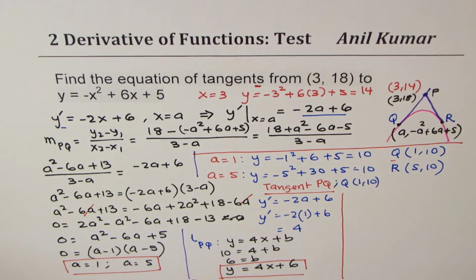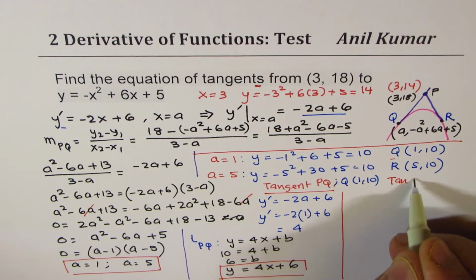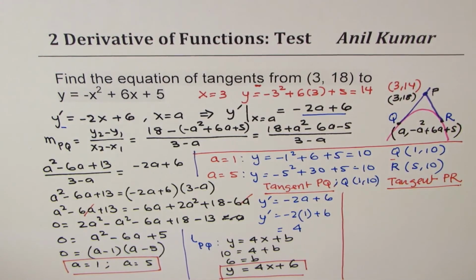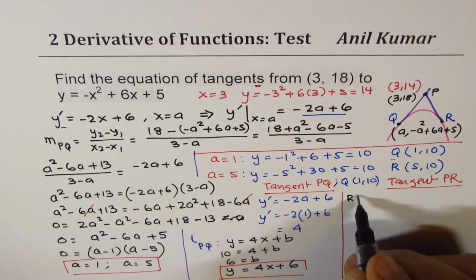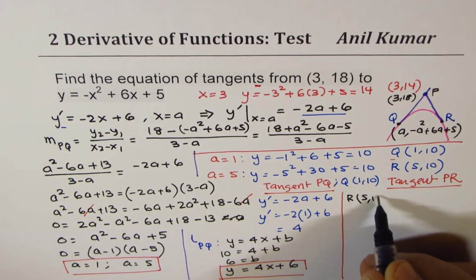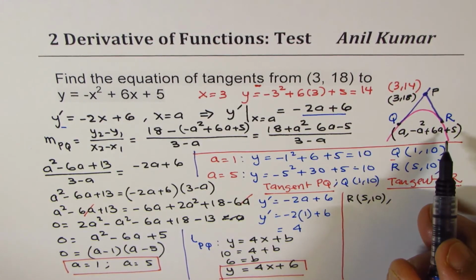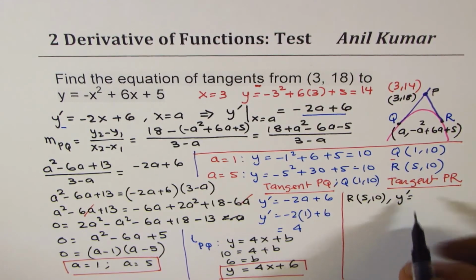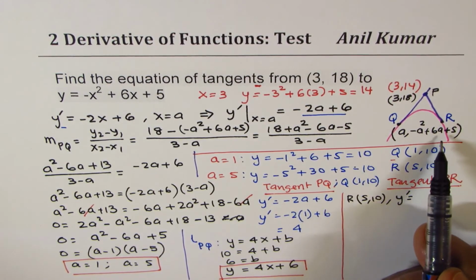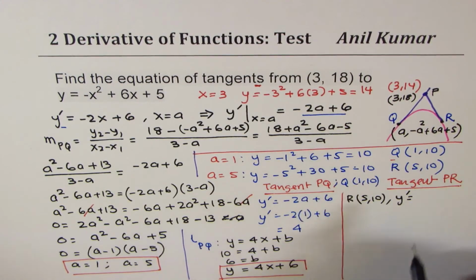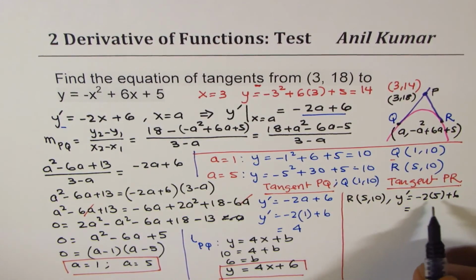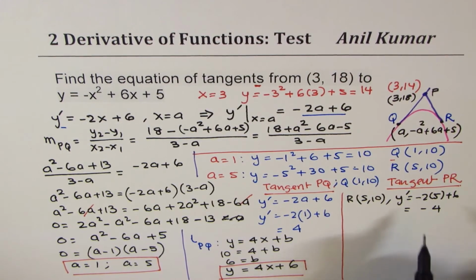Now let us find the second equation, which is tangent PR. Now for this tangent, we know that the point R is 5, 10 and slope y dash is, let's find that out, since a is 5 for us, we'll substitute 5 here, minus 2 times 5 plus 6, which is minus 4, right?